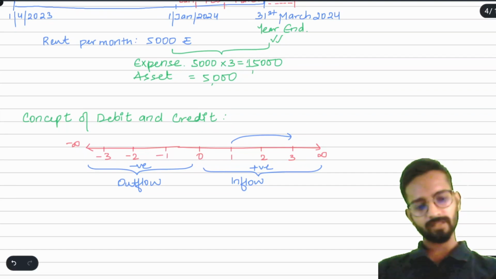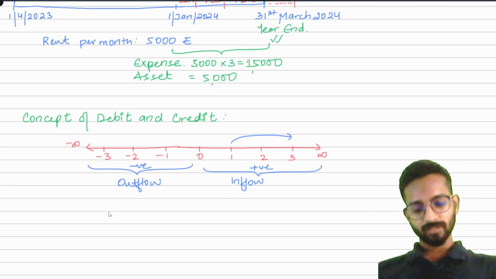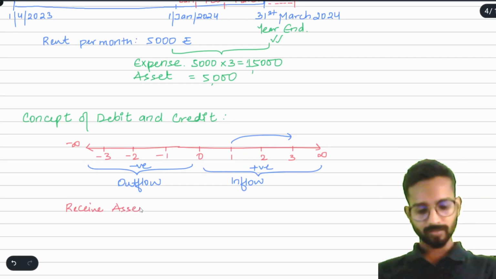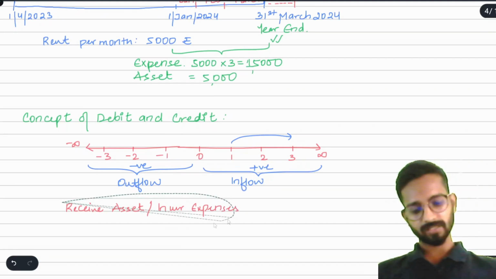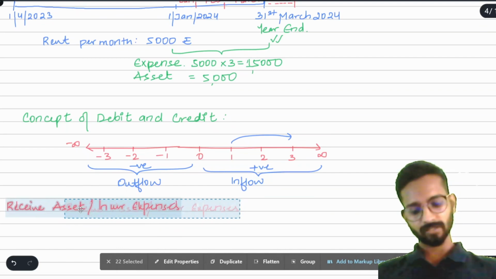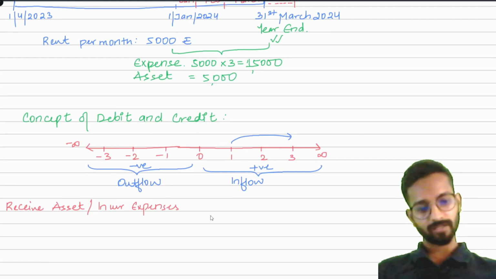Now what we learnt, when there is an outflow of cash, it means it's a payment. When there is a payment, what will happen? We will either receive the asset or we will incur the expenses. Whatever the case may be, we are receiving the asset or incurring the expenses. We know one thing, that we will be receiving the benefit.